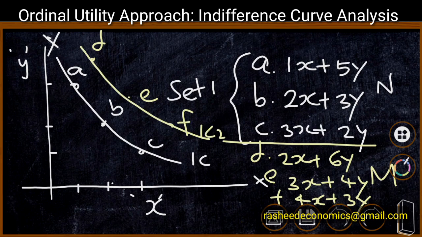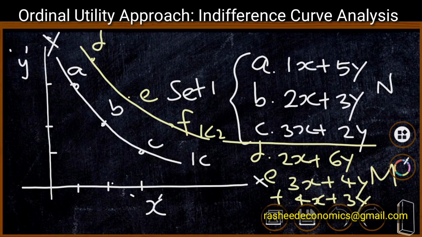Here we know that points on indifference curve 2 provides the consumer more satisfaction, because consumer is having more x and more y from indifference curve 2. But indifference curve 1 provides lower satisfaction than indifference curve 2, because it contains lesser x and lesser y.